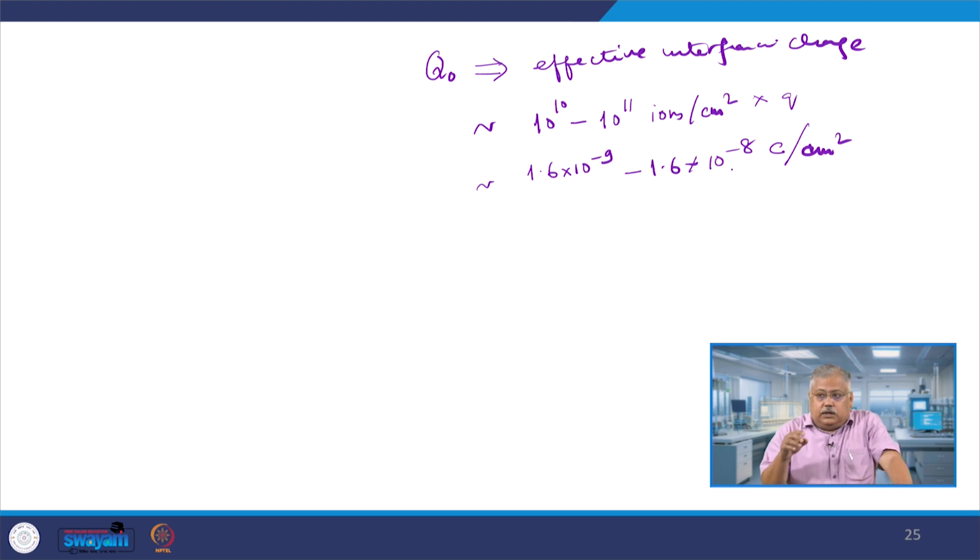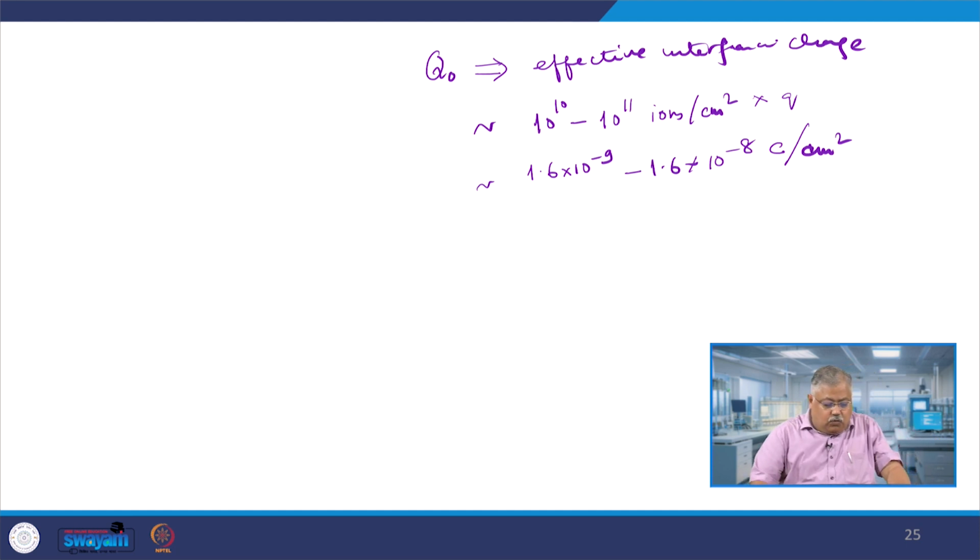So, just by having 10 to the power 10 or 10 to the power 11 ions per centimeter square in that small domain, which is effectively interface trap charges, you are able to generate a charge density of 1.6 into 10 to the power minus 9 to 1.6 into 10 to the power minus 8 coulomb per centimeter square. Understand, it is coulomb per centimeter square, it is basically charge density which we are talking about. Now, the effective interface traps will be located near the interface of silicon dioxide.